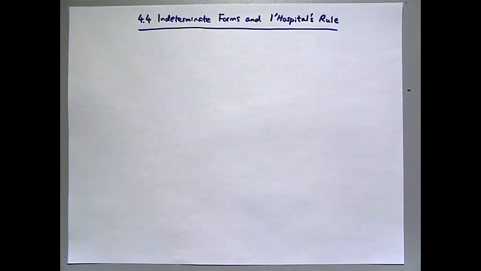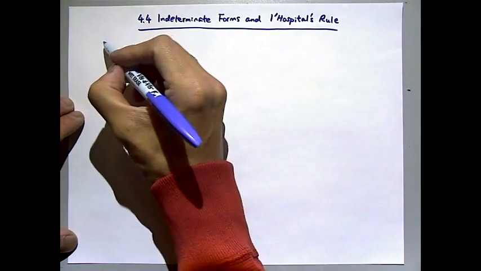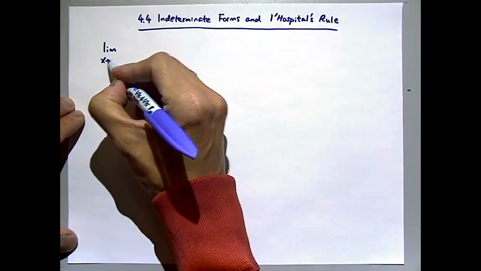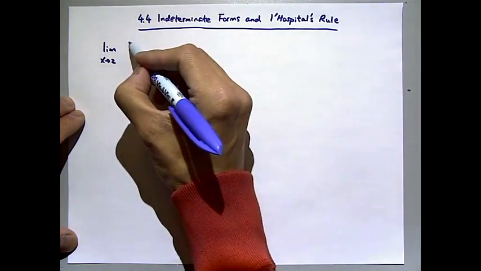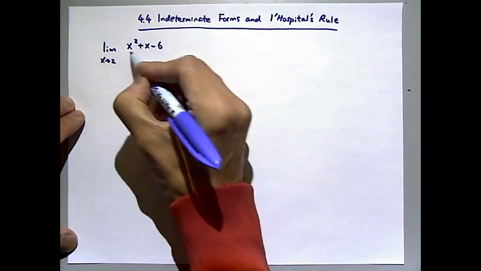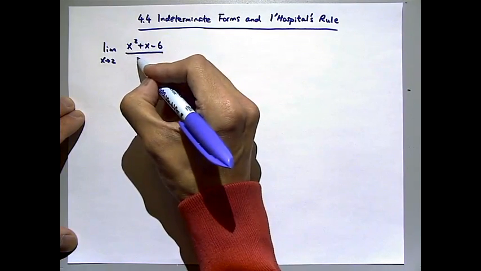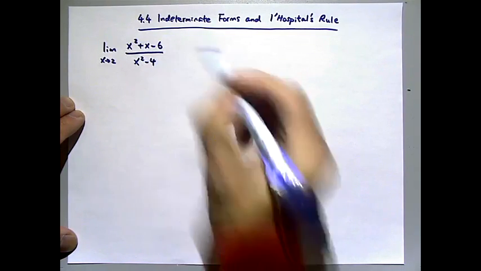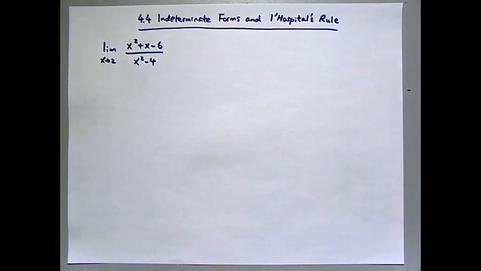Okay, so as a reminder, remember we used to do limit problems where we end up getting things like 0 over 0. A very simple example to remind you of the kind of thing we did before. Suppose we have x squared plus x minus 6 over x squared minus 4, and we're looking for what happens to that function as x goes to 2.